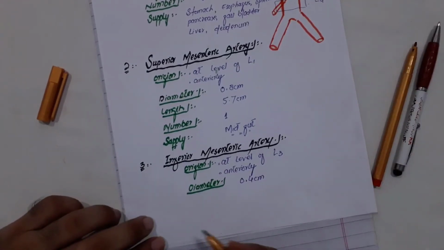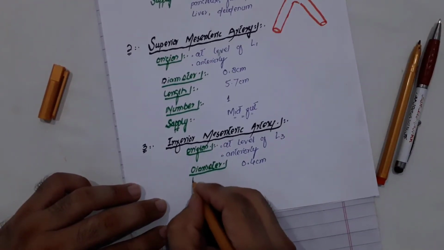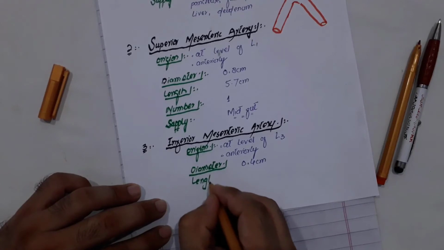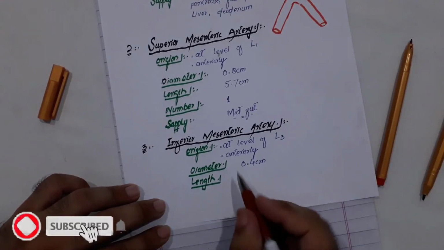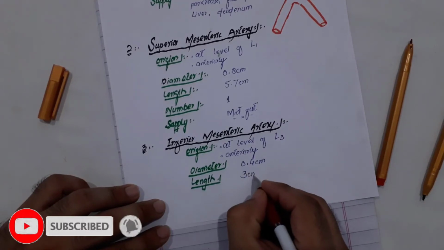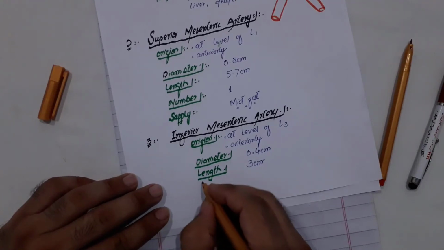Then what is the length of this artery? The length of the inferior mesenteric artery is about 3 centimeter, right? 3 centimeter.